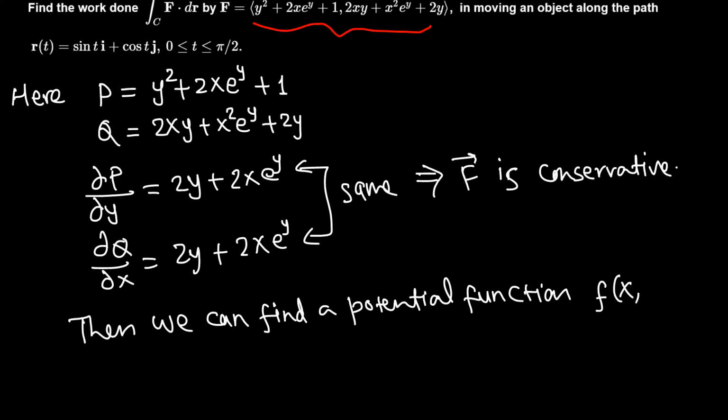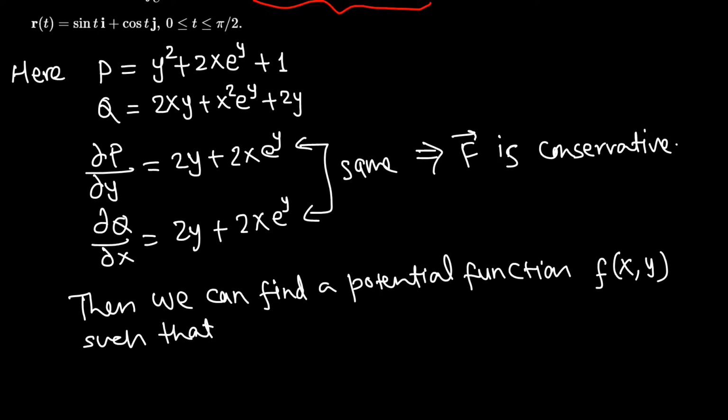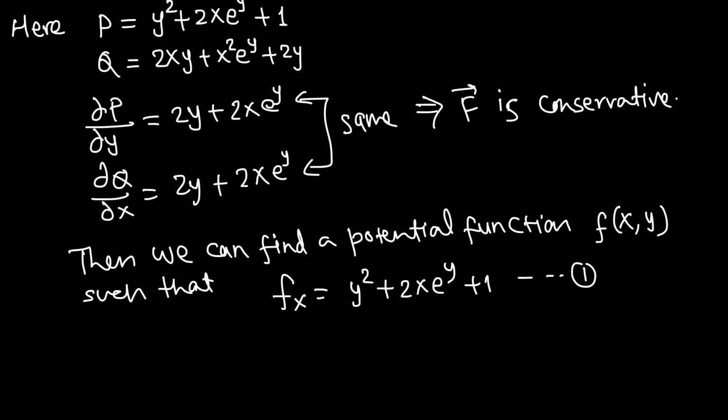A potential function f of two variables x, y, such that partial of f with respect to x is P, the first part, which is y squared plus 2x e^y plus 1, and partial of this potential function with respect to y is Q, 2xy plus x squared e^y plus 2y.